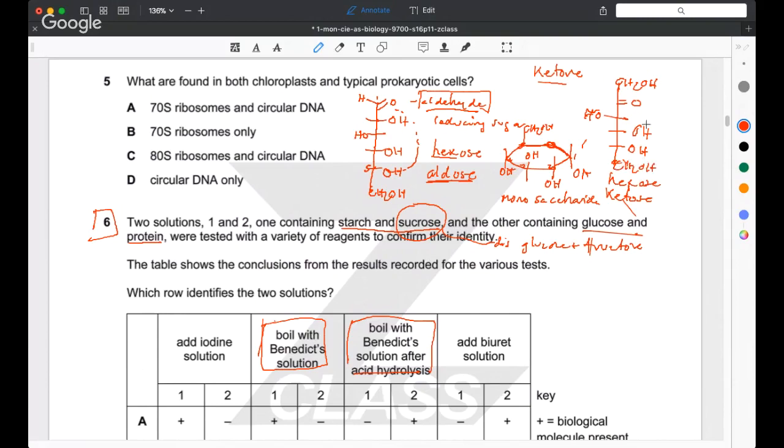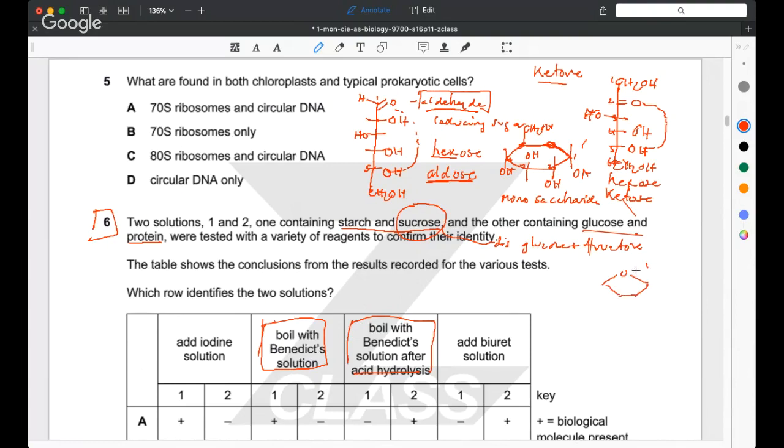And again, you're going to get the ring system starting from, this is carbon 1, 2, 3, 4, 5, 6. Again, the ring system is from the 5, but this time it's going round to the ketone on carbon number 2 rather than going to the aldehyde on carbon number 1. And so instead of ending up with a 6-membered ring, as you do with glucose, you end up with a 5-membered ring, like this.